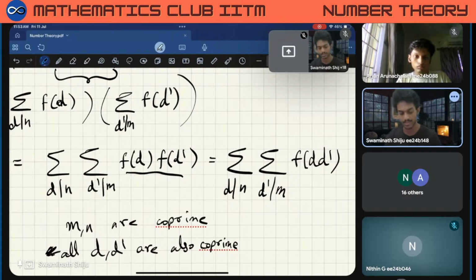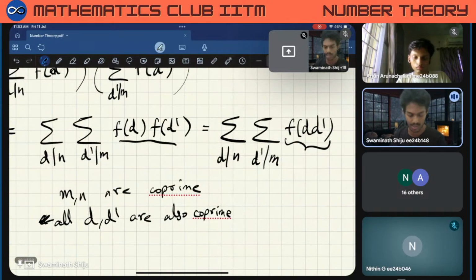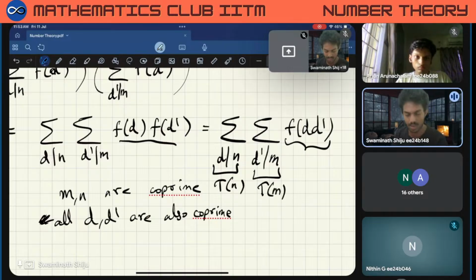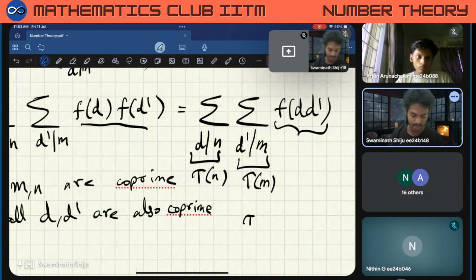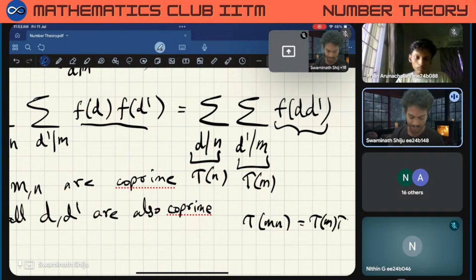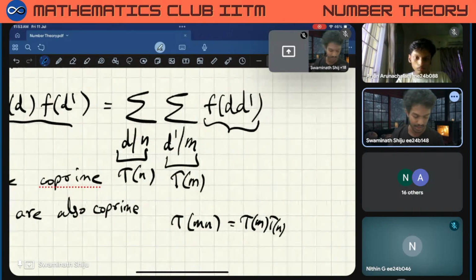Okay, so we have a sum. How many terms is this? We're going to count terms again. This is tau n terms. This is tau m terms. Since m and n are coprime, tau of mn is equal to tau m into tau n. So now look at this.